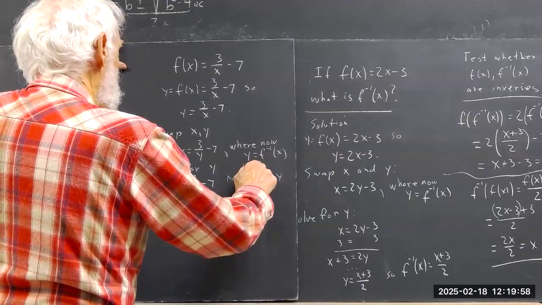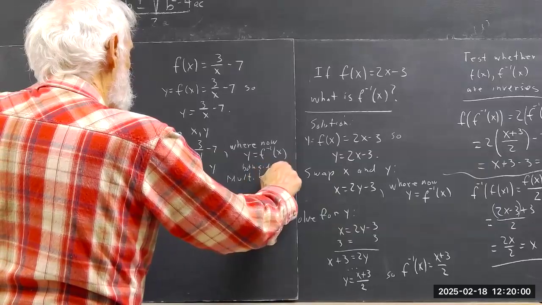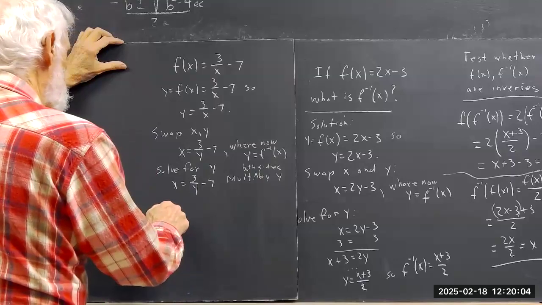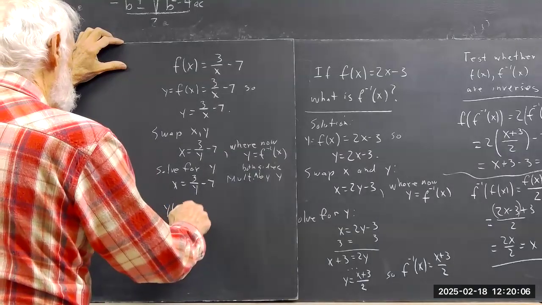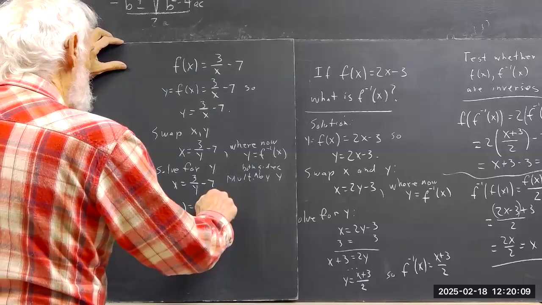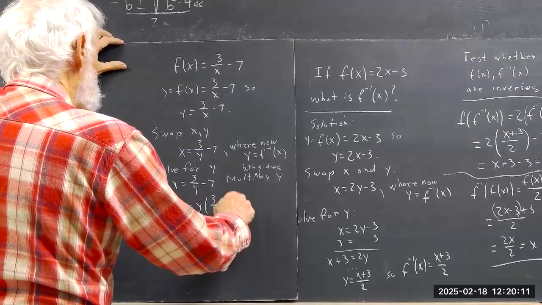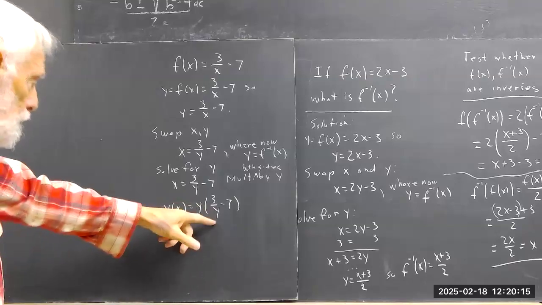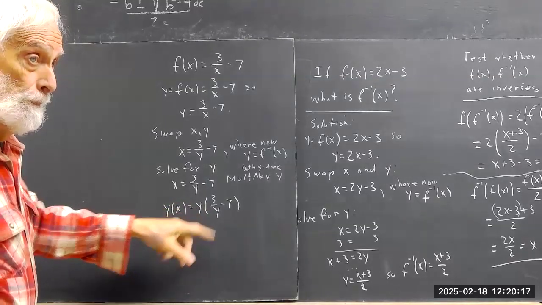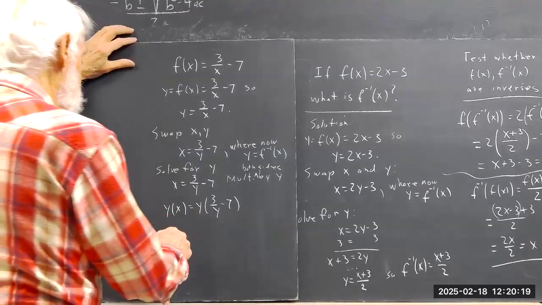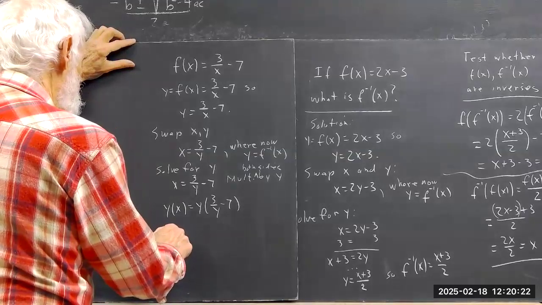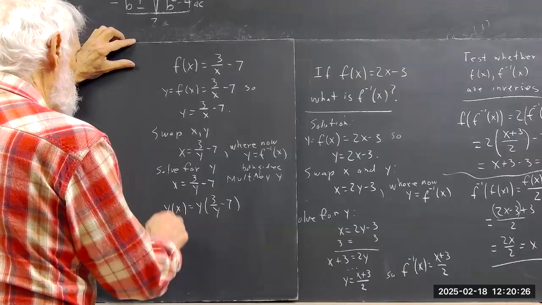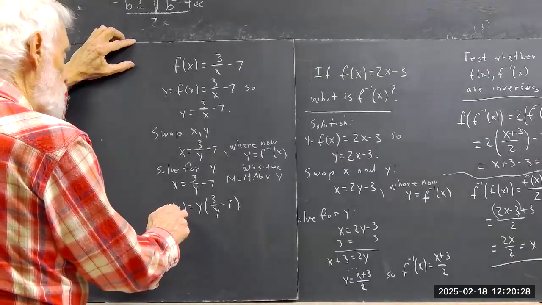Multiply both sides by y minus 7. And I'll write that as xy now because this almost looks like y is a function of x.